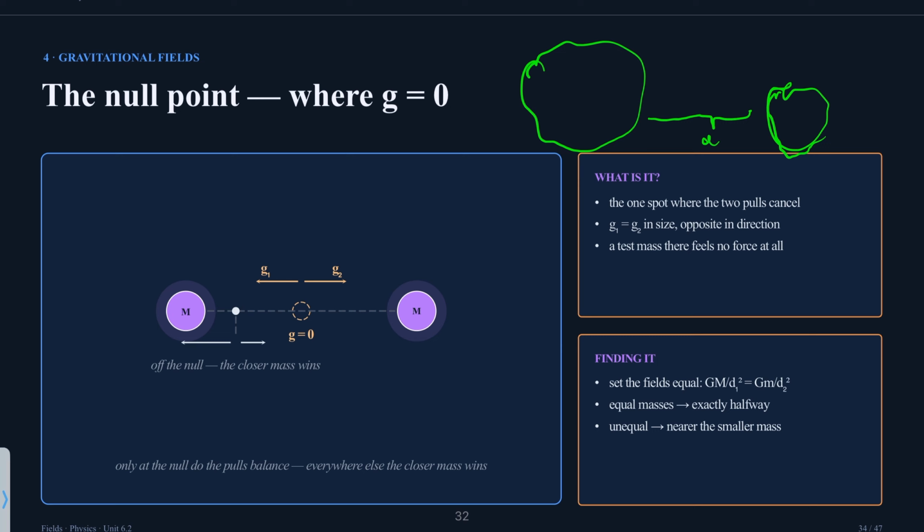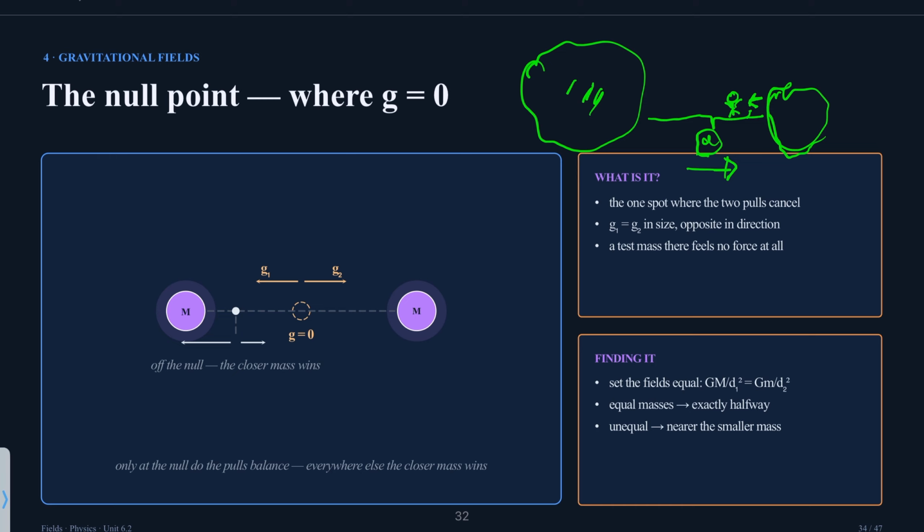If you wanted a null point between Earth and Mars, if you wanted to feel no gravity between Earth and Mars, you'd have to stay closer to Mars, right? Because Earth has a larger mass than Mars, so it's going to have a stronger pull. But you can counteract that by staying a larger distance away from Earth. So when you stay here, you have a stronger pull for a lesser distance. Okay? So that's how it works.